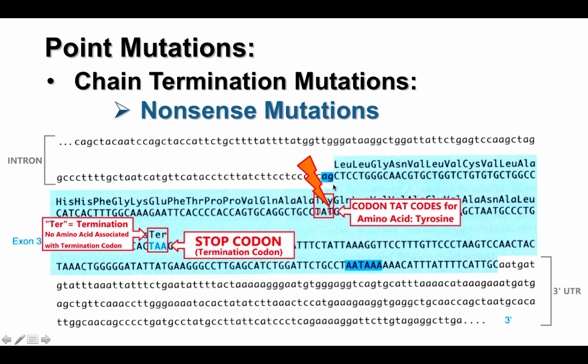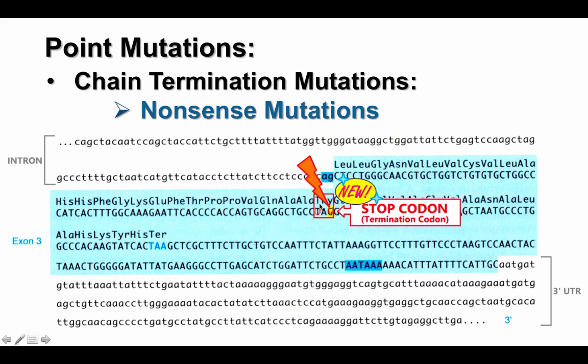Now, we mutate the gene. So this triplet of bases no longer corresponds with the codon in the messenger RNA transcript that codes for tyrosine. So we end up getting, instead, by changing this tyrosine to a guanine, a stop codon in this same location in the messenger RNA transcript.